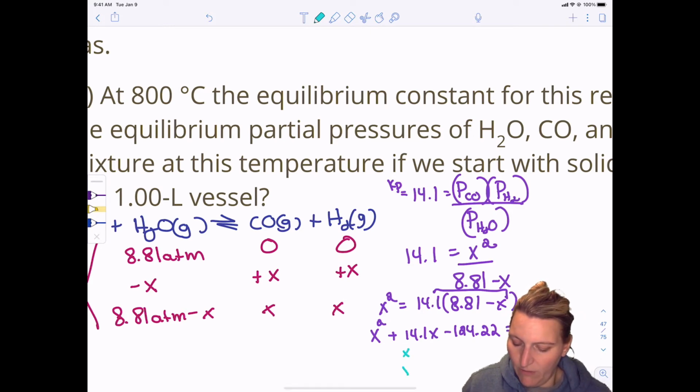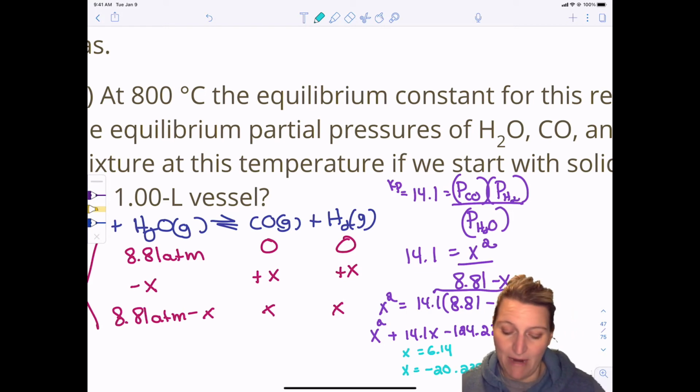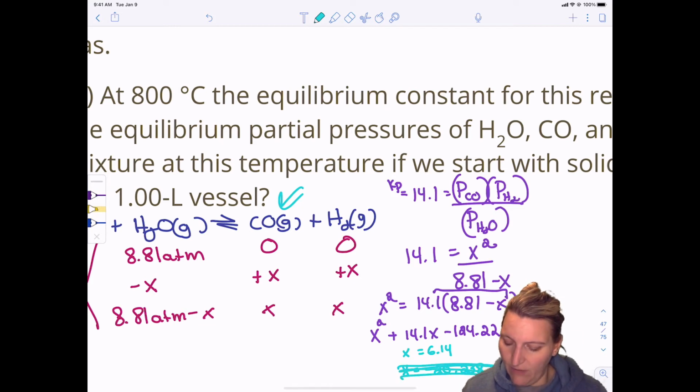And you're going to get two numbers for X, and one of them will make no sense. So the two numbers that you get for X are 6.14 and negative 20.238. And it's that negative number that doesn't make any sense, right? How can you have 0 carbon monoxide pressure and then have less than 0? That doesn't make any sense. So this guy we can rule out, which means that X is 6.14.